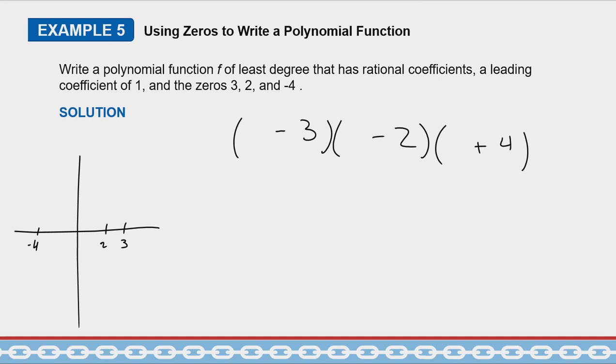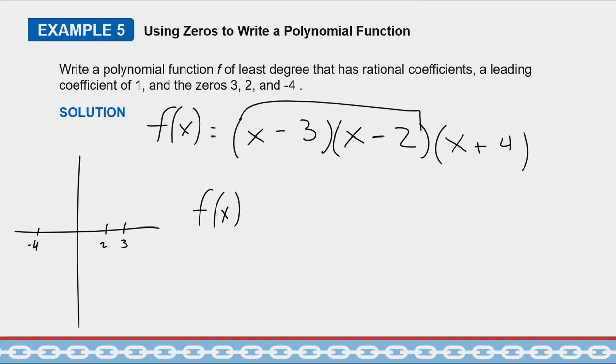Now, least degree means I keep all of my variable exponents as small as I can. So this is going to be f of x equals this. So now I am just going to FOIL this thing out. f of x equals, I'm going to FOIL here.